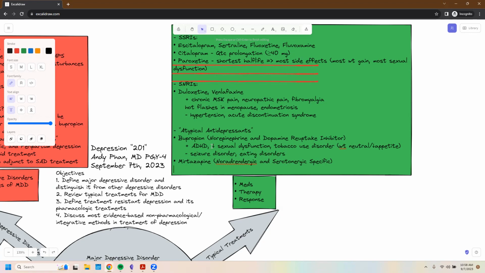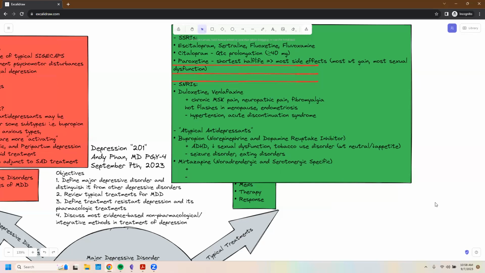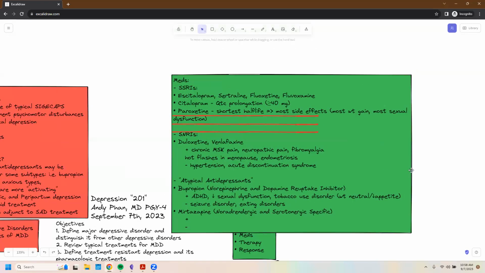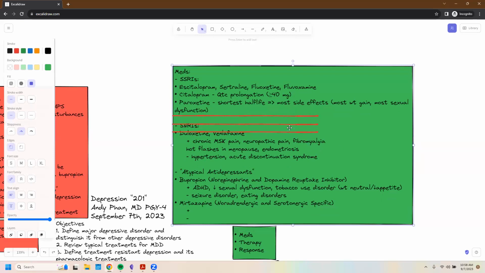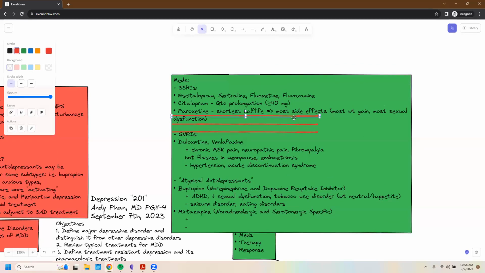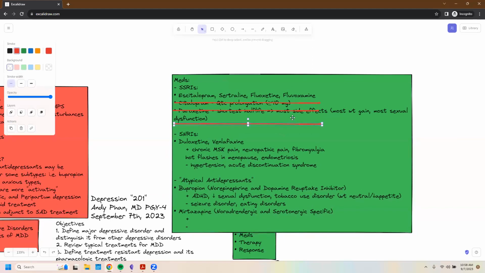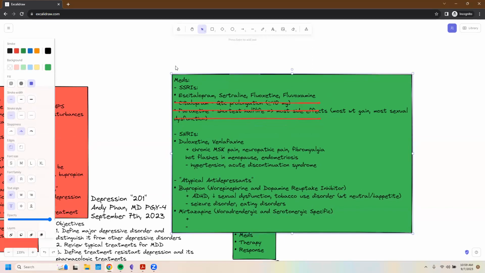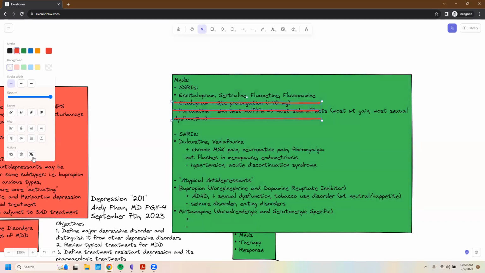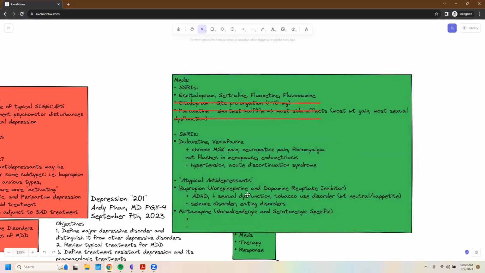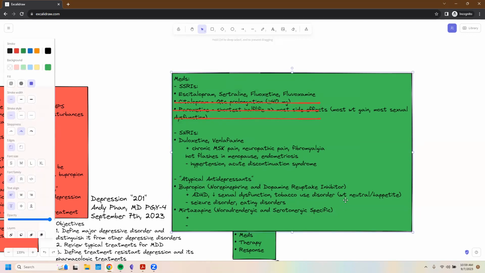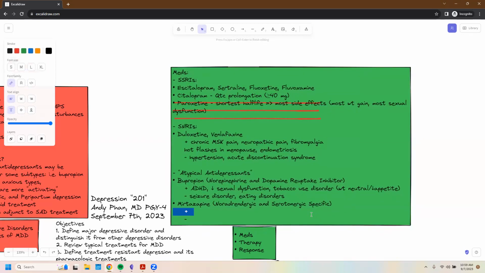Good. Okay, cool. Mirtazapine, I think y'all can talk about when you would reach for mirtazapine. When do y'all see mirtazapine most common? No, y'all are right.